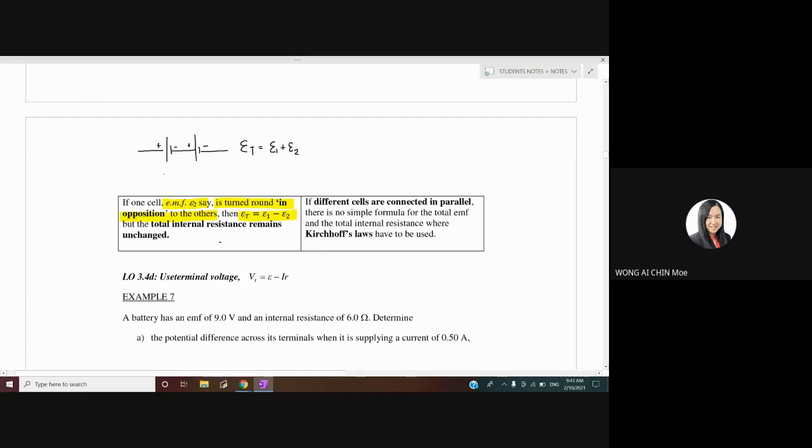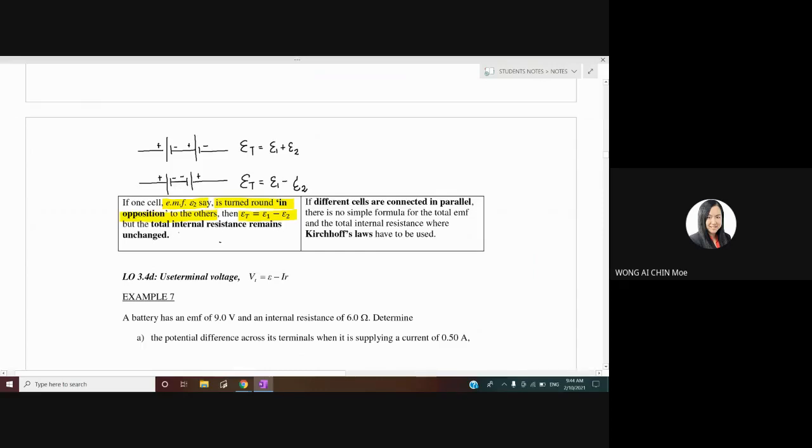But if the battery is turned around, as the question says, meaning positive connects with positive, negative with negative, and then negative, positive, so your E total you must write as E1 minus E2, because they are connected in opposite direction.